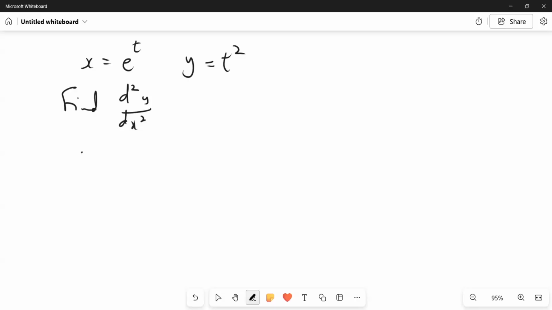So dy/dt will be 2t, and dx/dt is going to be the same thing, right? When you differentiate e to the t, you're left with the same thing.